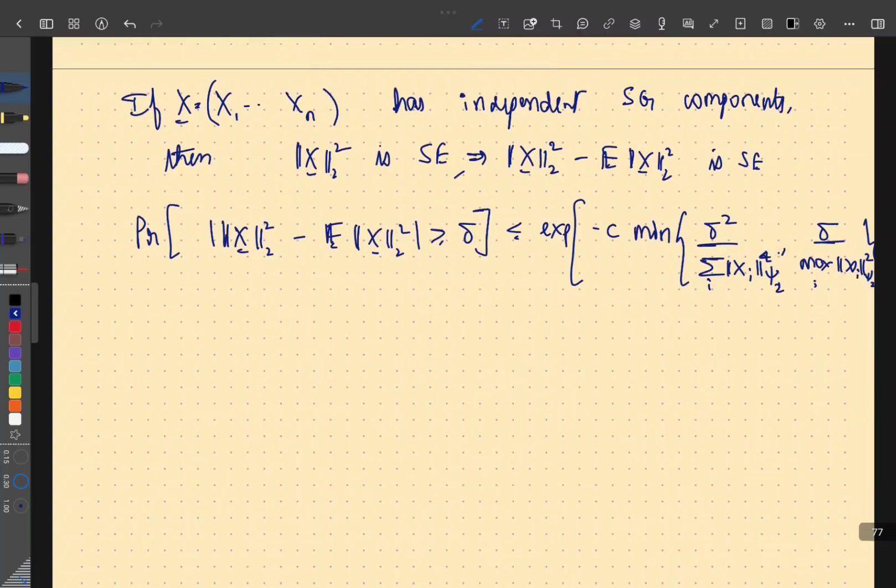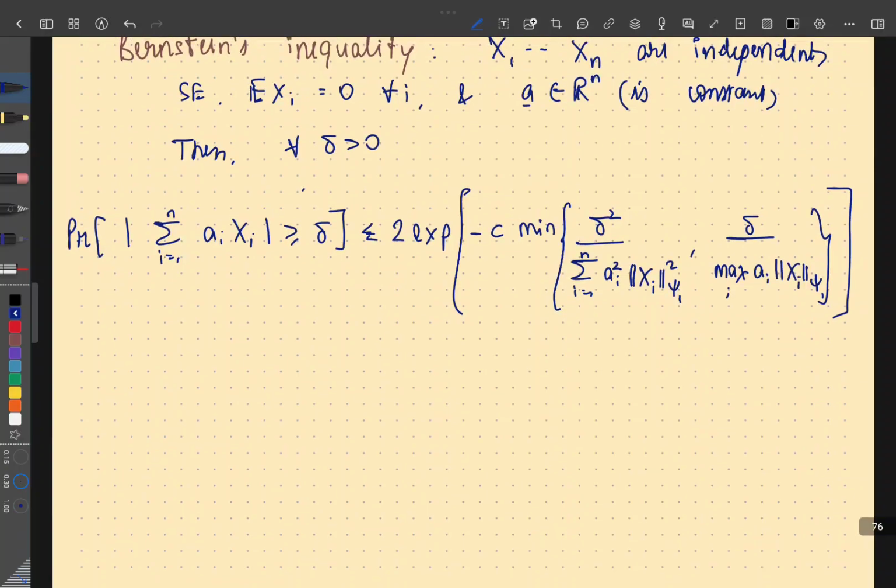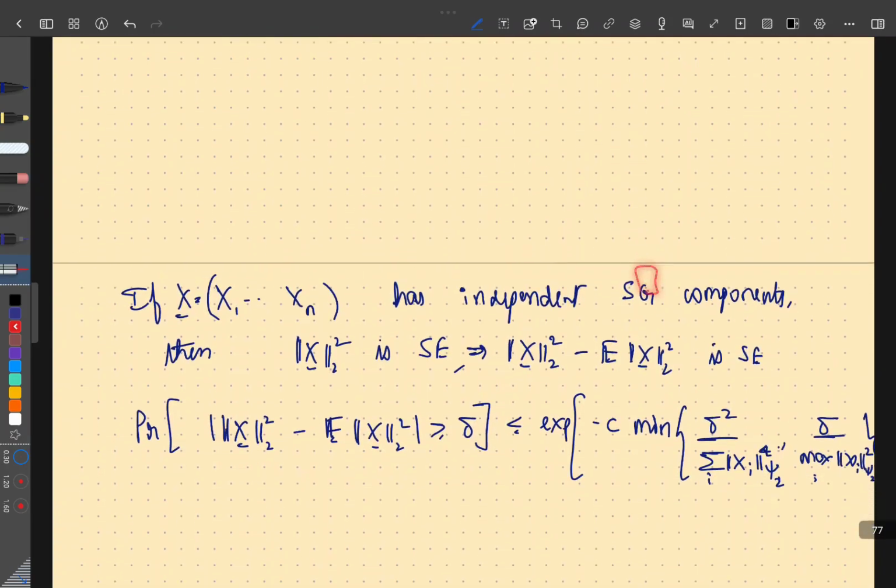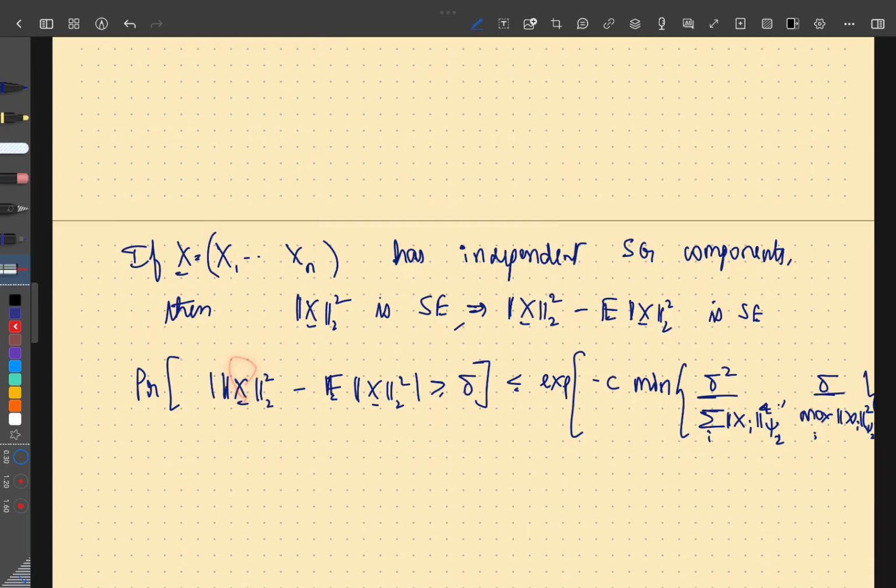Because remember that the subexponential norm of x square is the subgaussian norm the whole square. So if I use this particular inequality, this is the subexponential norm of the random variable whole square, where I'm replacing xi with xi square. Therefore this would be the subgaussian norm of xi whole to the power 4.